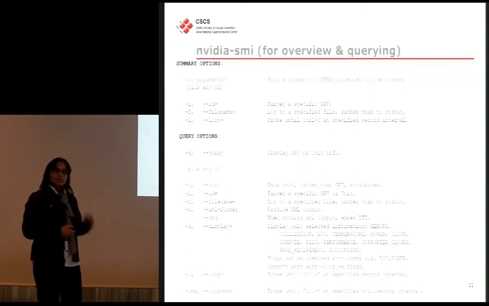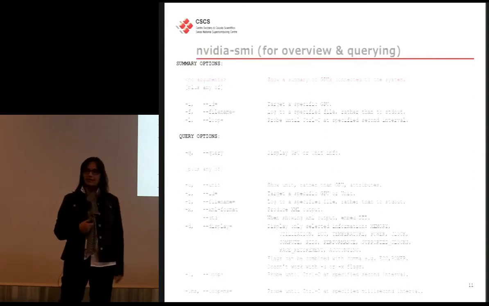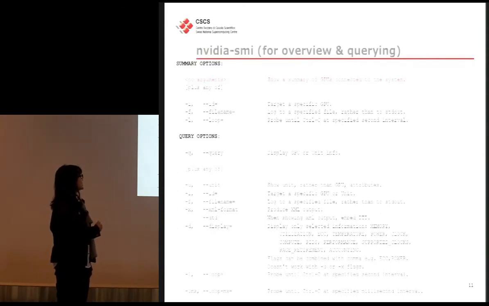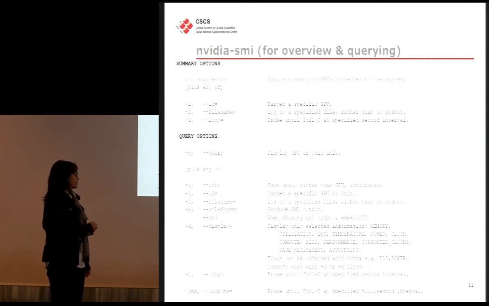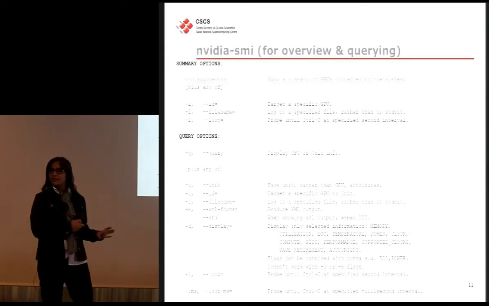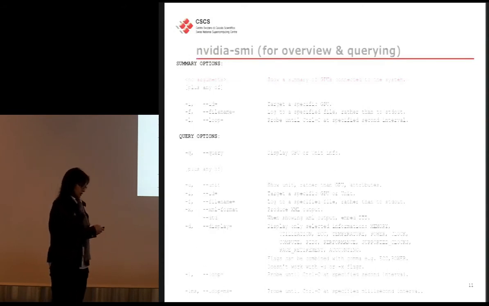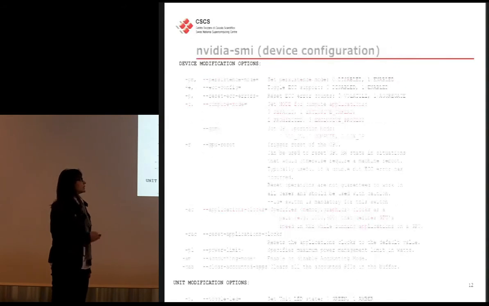If you have more than one GPU, you can specify the GPU IDs, or you can launch it in the form of a loop. The more interesting bits are here, querying options. You can find out a lot more, and you can even display selective bits of information about the GPU. More or less everything you can do is in the user command.